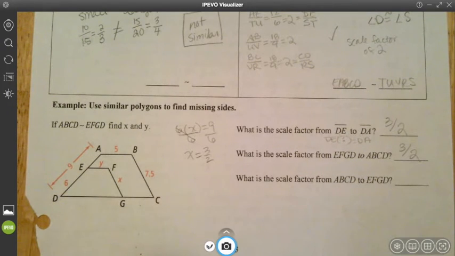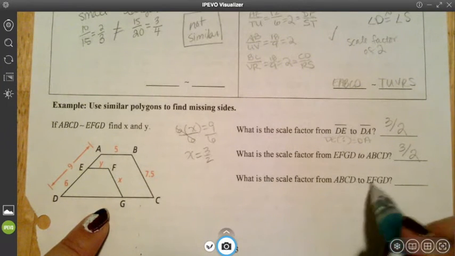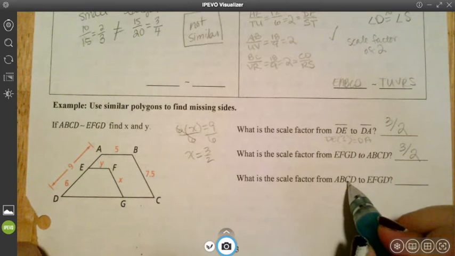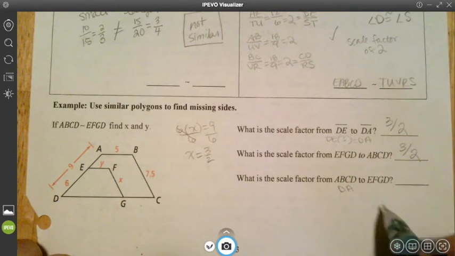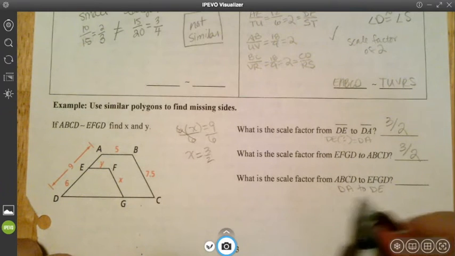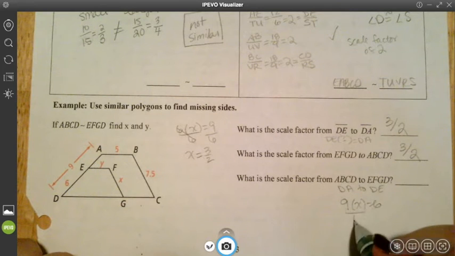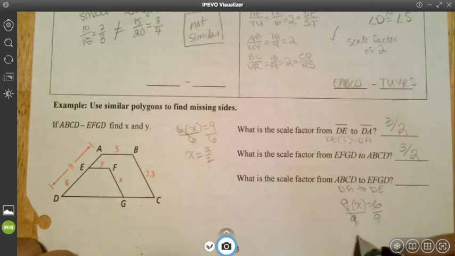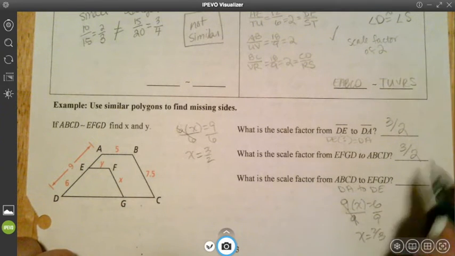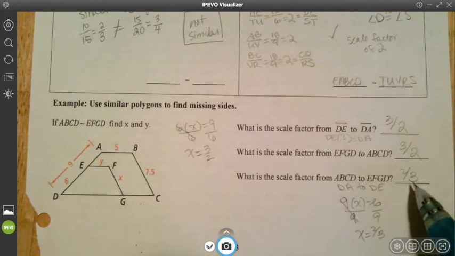What about backwards? If I'm going from ABCD to EFGD, then I need a side from ABCD, so DA is an example, to DE. That's going to be my equation backwards. So that's 9 times x equals 6, divide by 9, x equals 2/3. 2/3 is smaller than 1, so that means the shape is getting smaller.